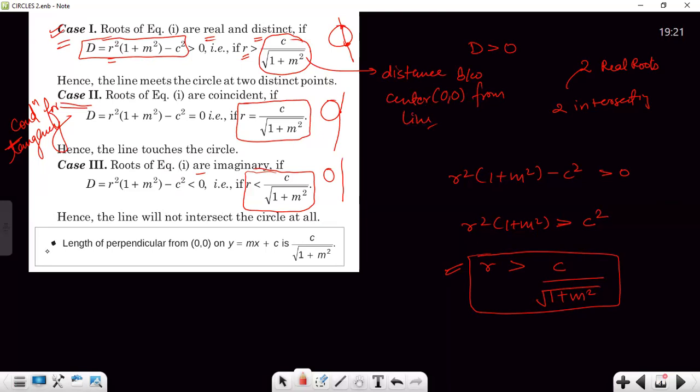It is also written here. The length of the perpendicular from 0, 0, which is the center here, on this line is given by c by square root of 1 plus m square. But I have explained also how it is written. Now, is this clear? Yes, sir.